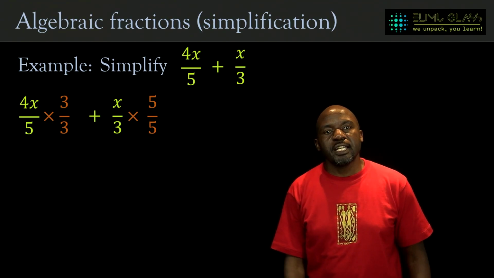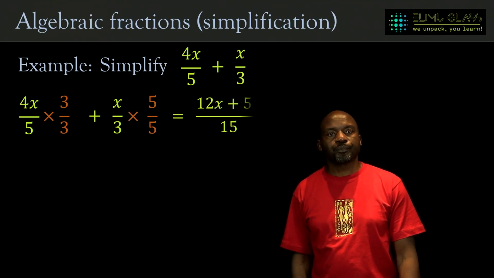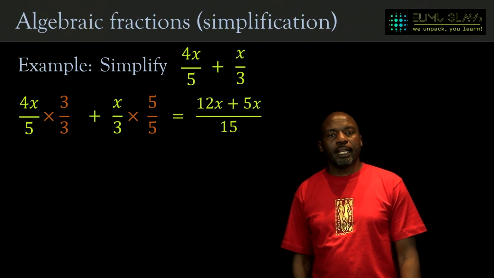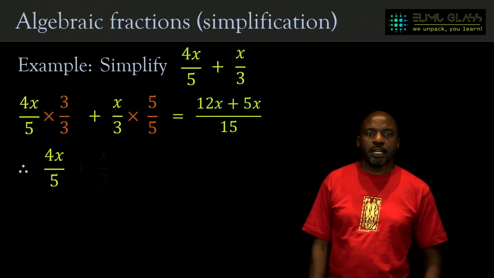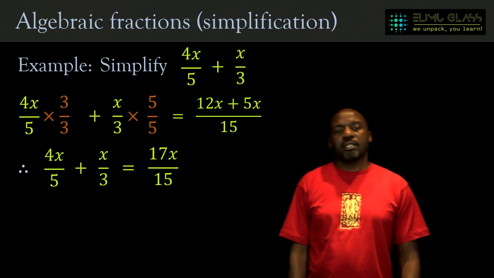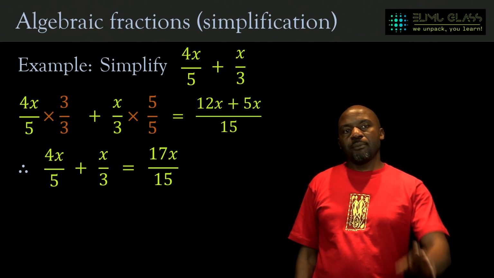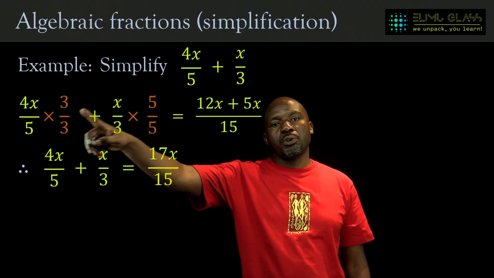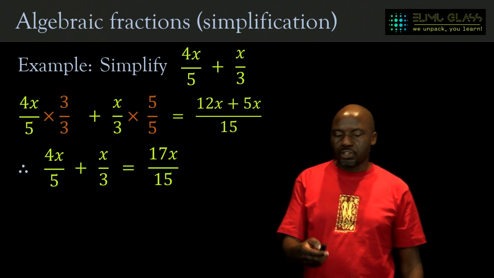So I have 17x over 15. I have the answer to that sum of algebraic fractions as being 17x divided by 15. You can see that the same rule we used with regular fractions is what we use with algebraic fractions as well.